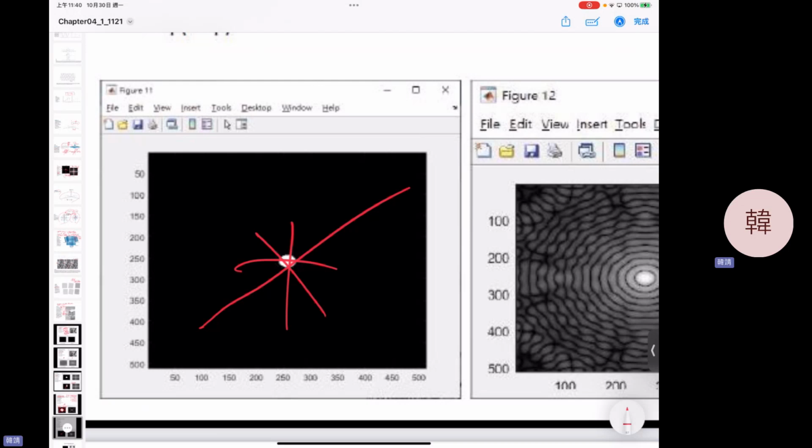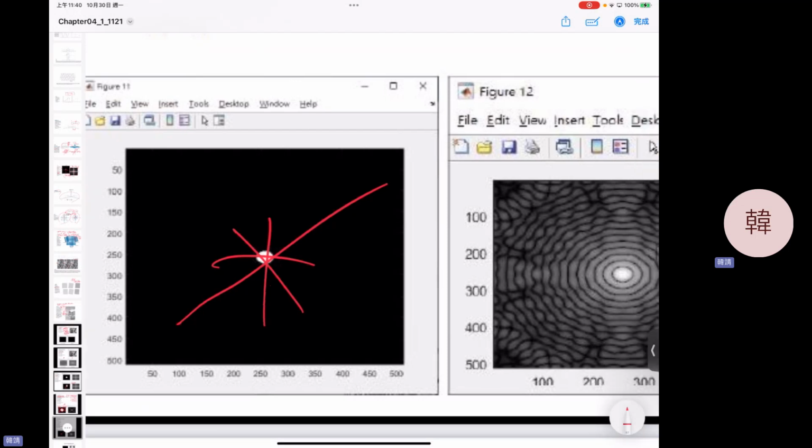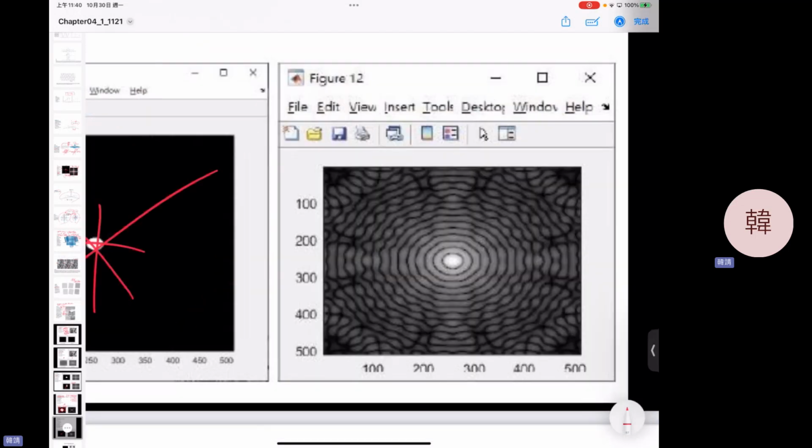Exactly the same rectangular pulse, just at different degrees, circling around. So it's a Fourier transform. We like this one because, circling around, every direction has the same function with the same width.